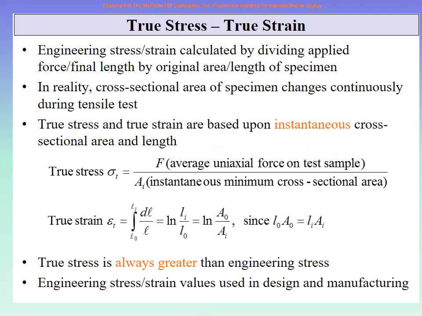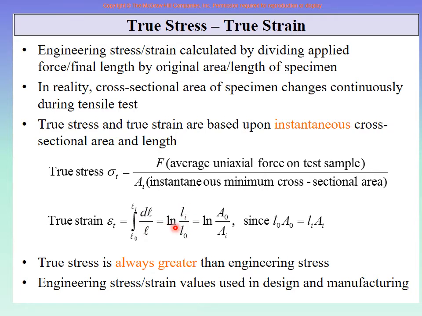Then we started talking about the true stress and the true strain. We defined that it is now the force divided by the current area, the instantaneous area A_i, rather than the original area A naught. And we defined that the strain is also the same thing, dl upon L, change of length upon length, integral, and because it is 1 upon L dl, this becomes ln of L_i upon L naught.